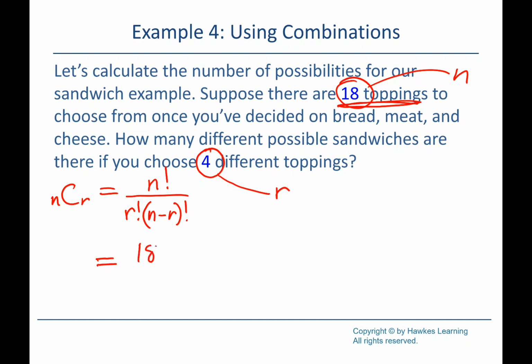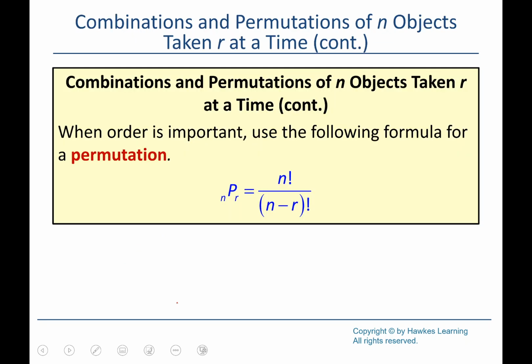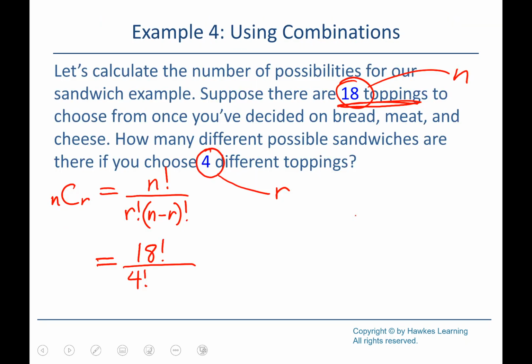Then we can just plug into our formula and simplify. So we've got 18 factorial over 4 factorial times 18 minus 4 factorial. If we do the subtraction, that turns into 14 factorial. And remember our little trick with the cancellations, right? So 18 factorial means 18 times 17 times 16 times 15, all the way down to 1.